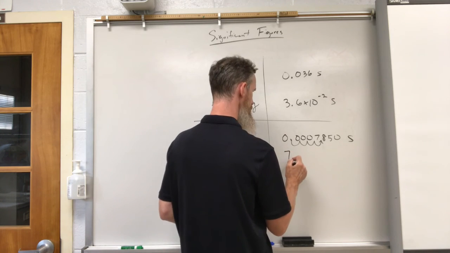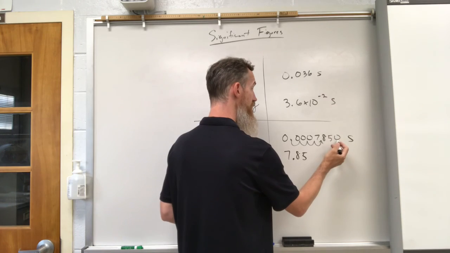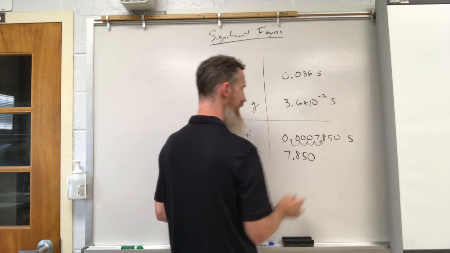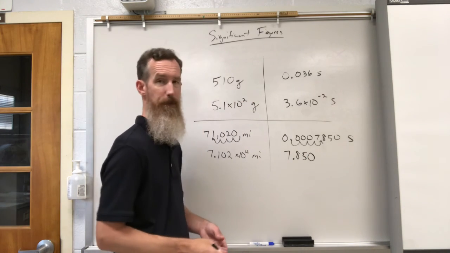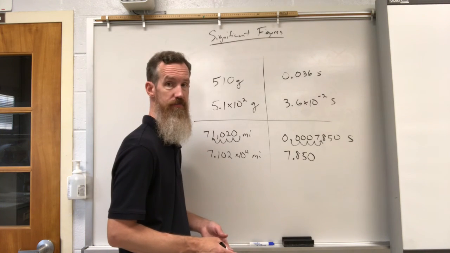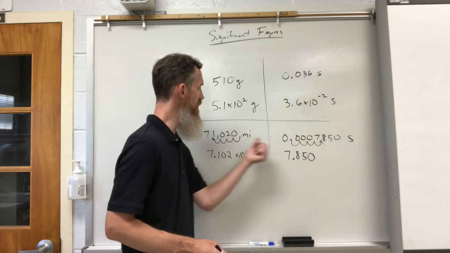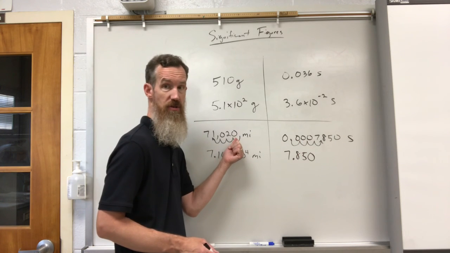Keep one number out front. 7.835 and this 0 though needs to stay. Absolutely. The zeros in front are placeholders with small numbers. The zeros in the back are placeholders in large numbers.